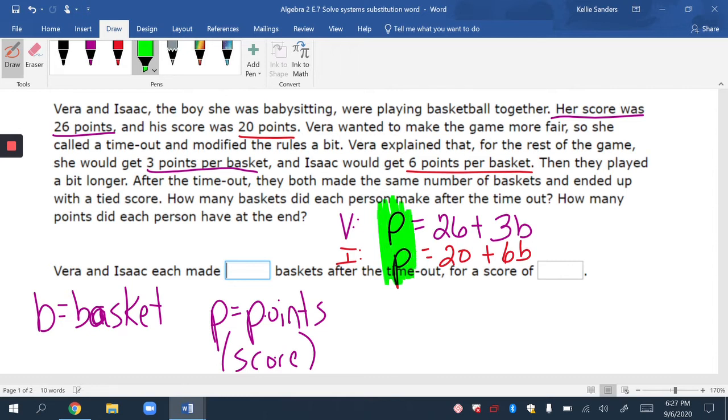P equals and P equals. So we're going to cancel those out and do some math. So 26 plus 3B equals 20 plus 6B. We're going to subtract the 3B.